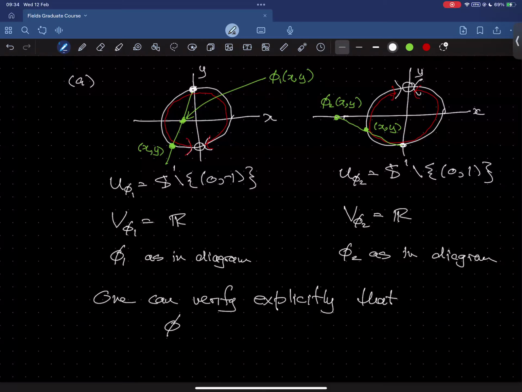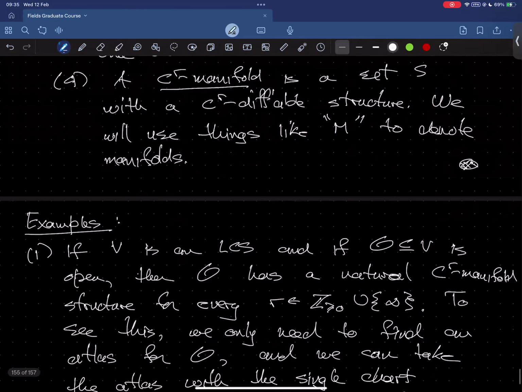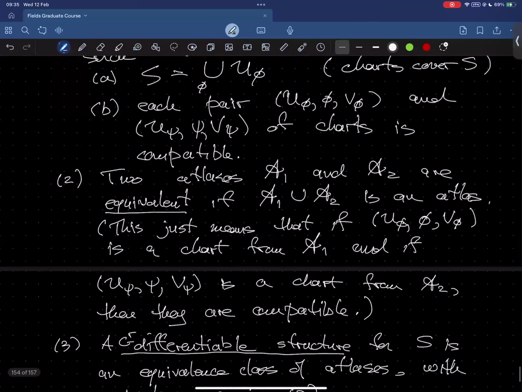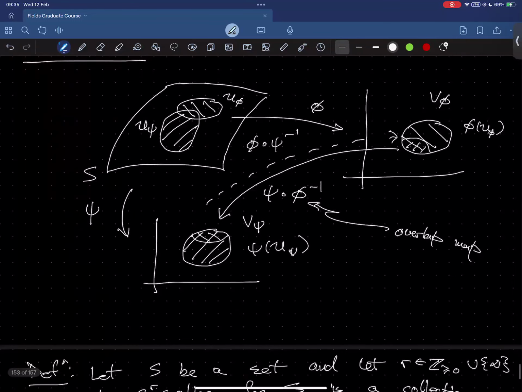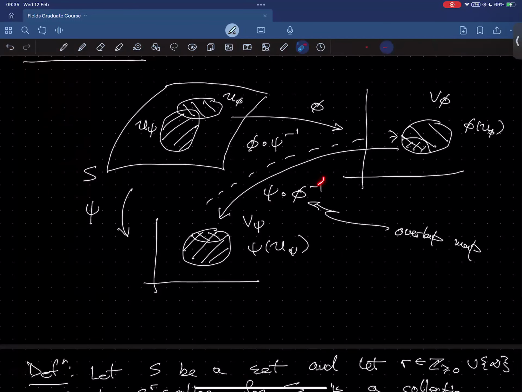Sorry, before I do that, there's another part of compatibility, so let me go slowly here. Compatibility has two parts. The overlap map needs to be a diffeomorphism, but first I need these things to be open.